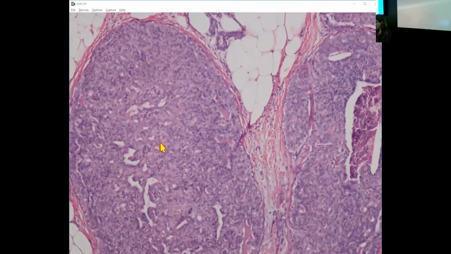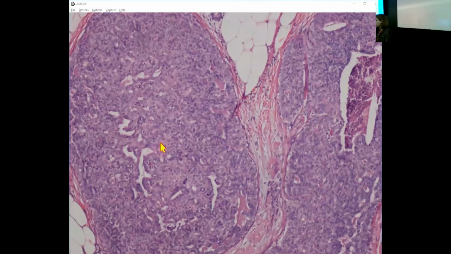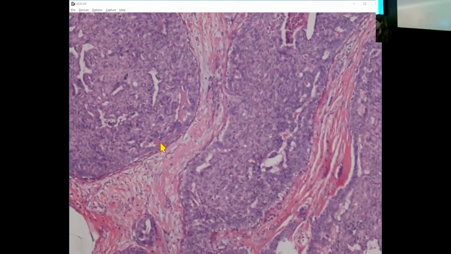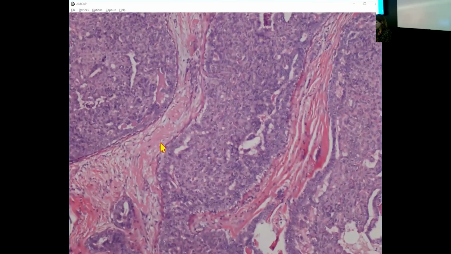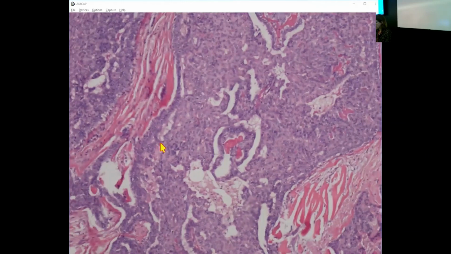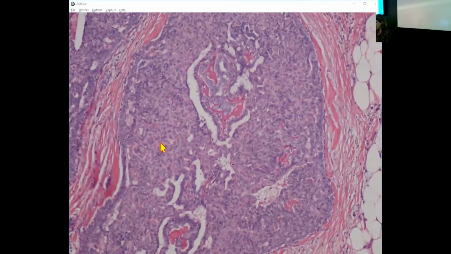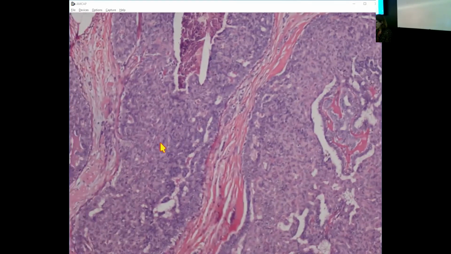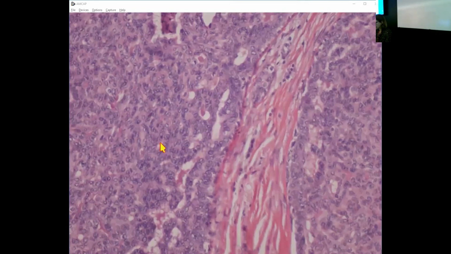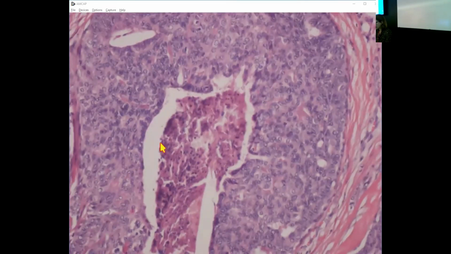But then if you look at the epithelial proliferation, I think it looks like usual ductal hyperplasia, right? You've got irregular slit-like spaces. There seems to be a preference for those spaces at the periphery. Fairly low NC ratio in this portion of the epithelial proliferation. Heterogeneity in how they look.